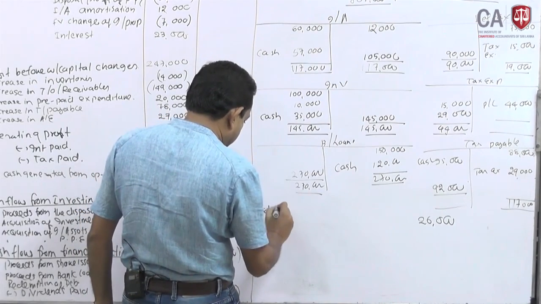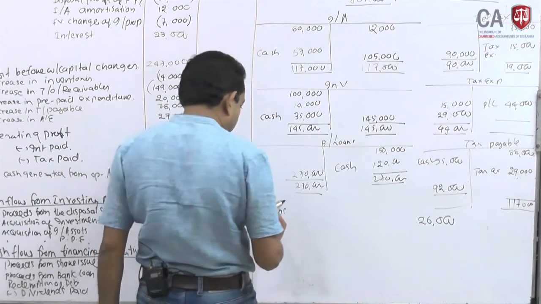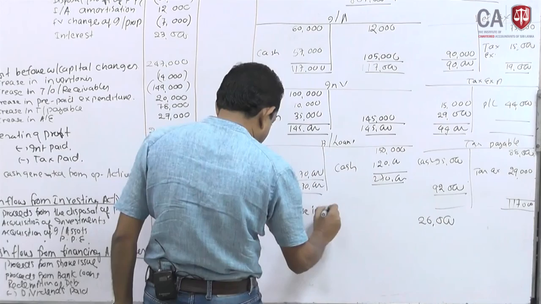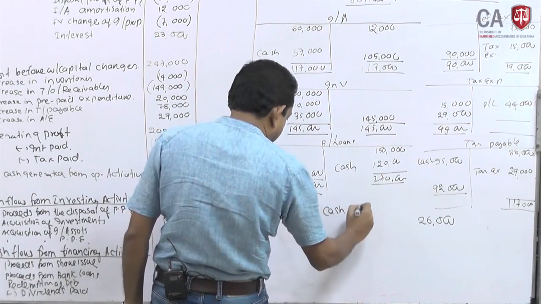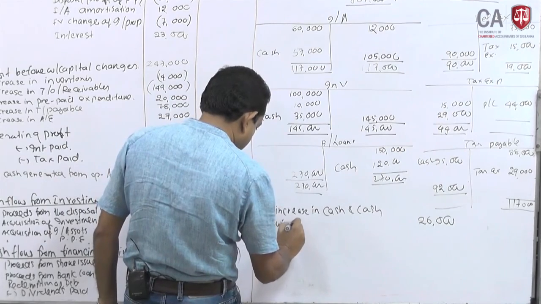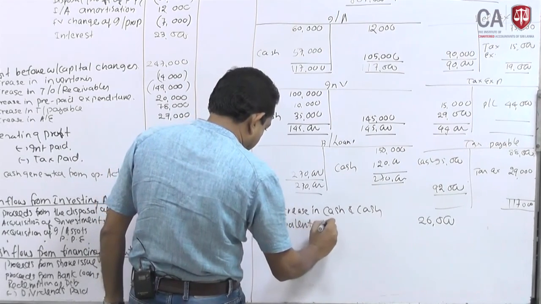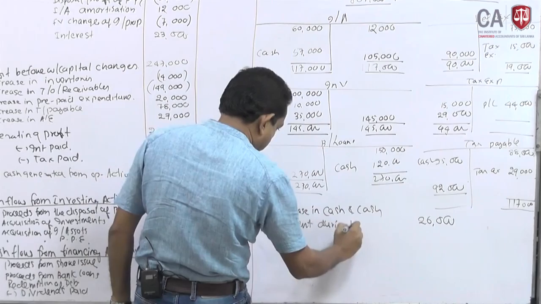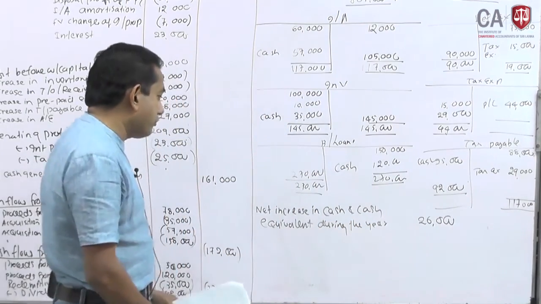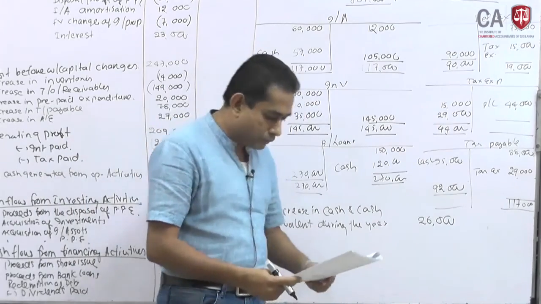Net increase, you need to be careful about the wordings at the exam. Net increase in cash and cash equivalent during the year should be 26,000.